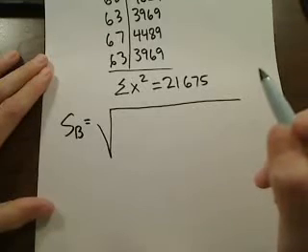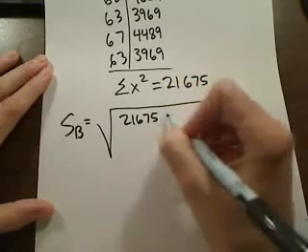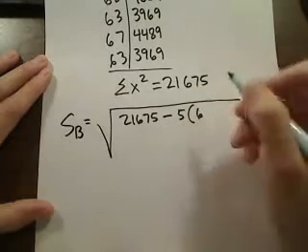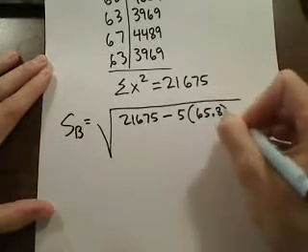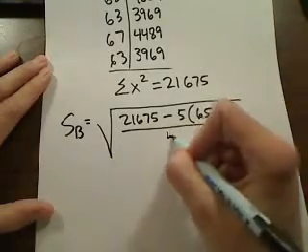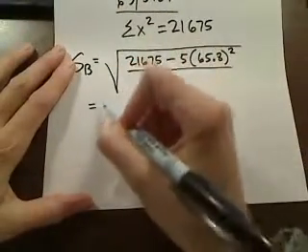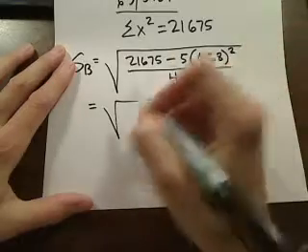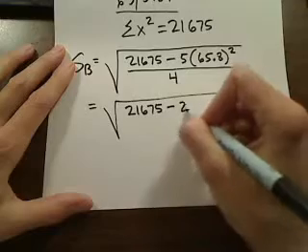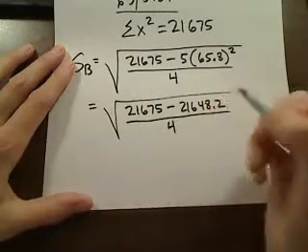Okay, so our sum of our x squareds right there is 21,675 minus our n, which is 5, times the mean on this one, which was 65.8, squaring it. And this is all over the 5 minus 1, or in other words, 4. Okay, so go ahead and square this, multiply by 5, and you're going to get 21,648.2 all over 4.